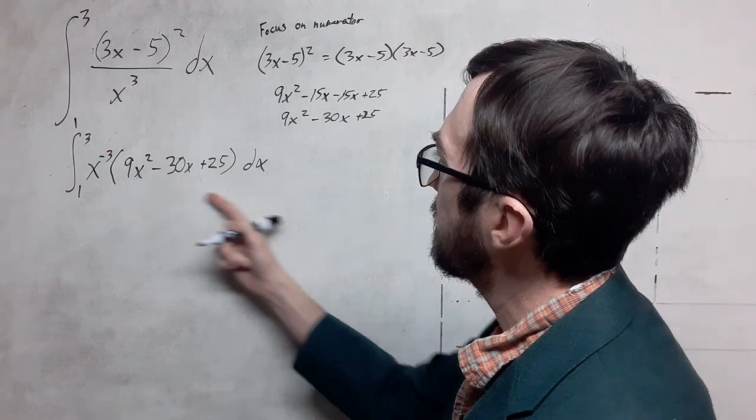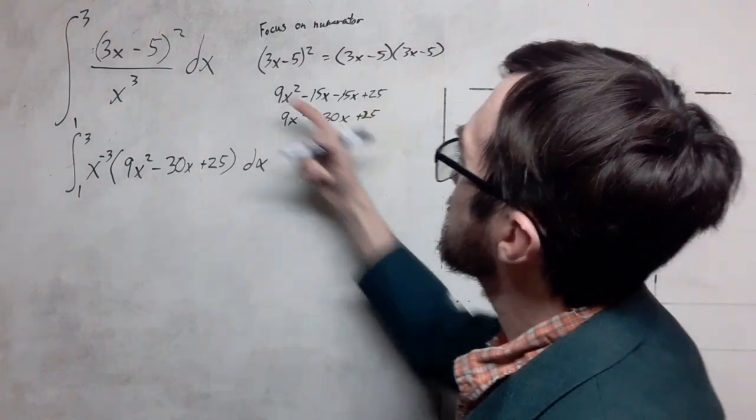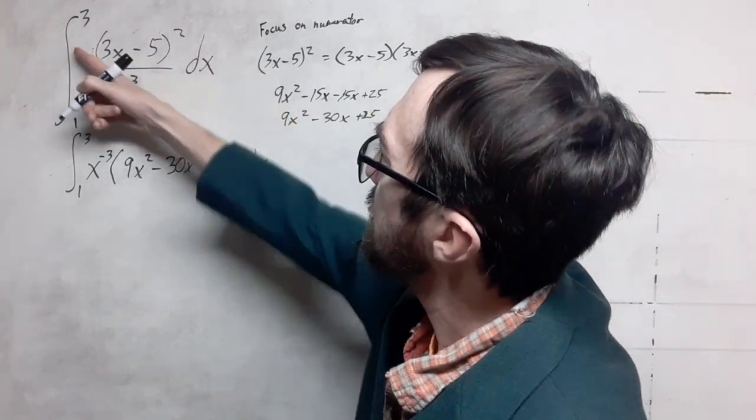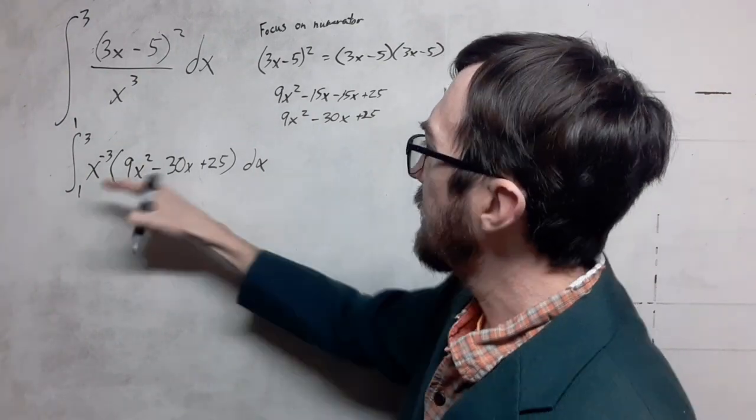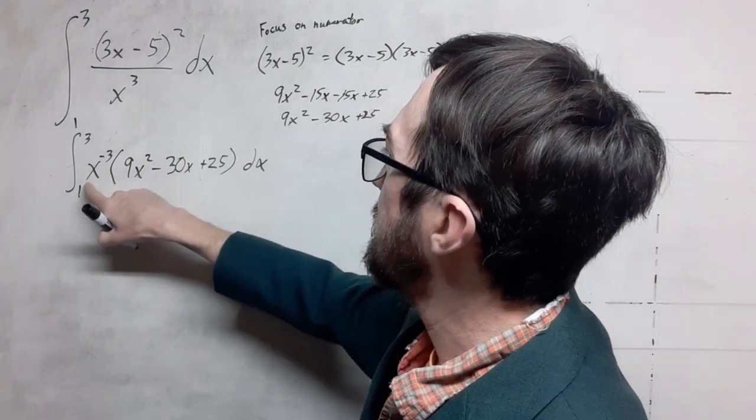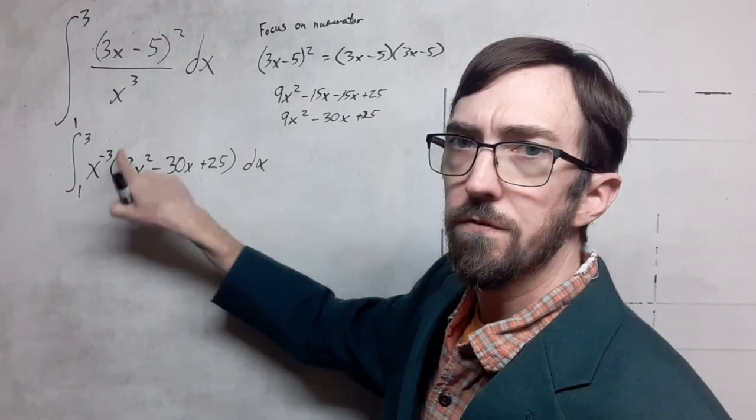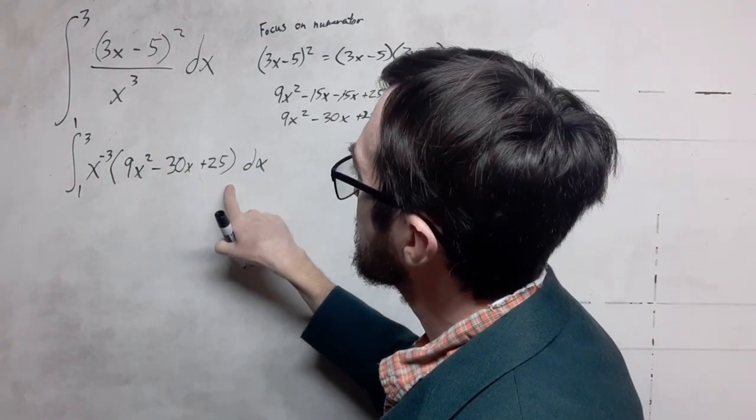Okay, now that we have this rewritten, we've substituted this in for here and then brought this up. Now we're going to use the distributive property again to distribute x to the negative 3 across each of these 3 terms.